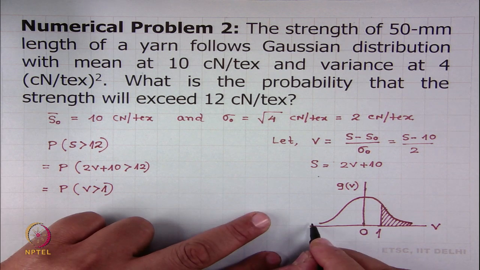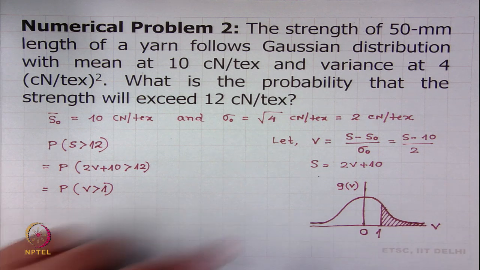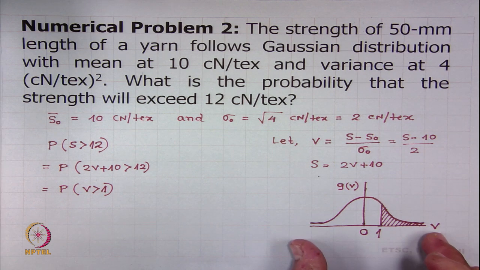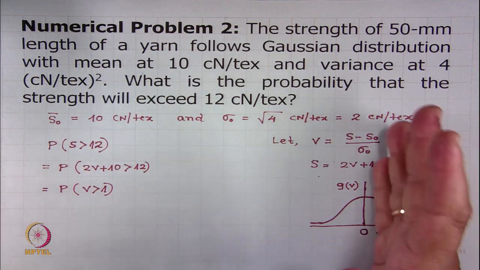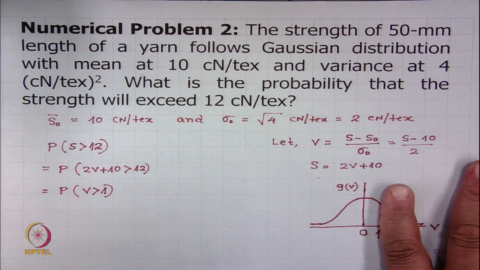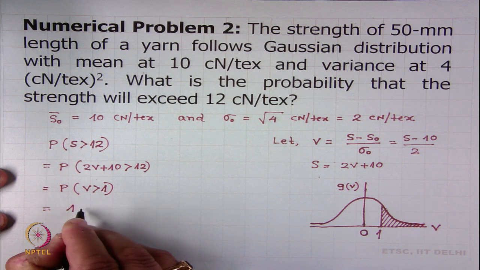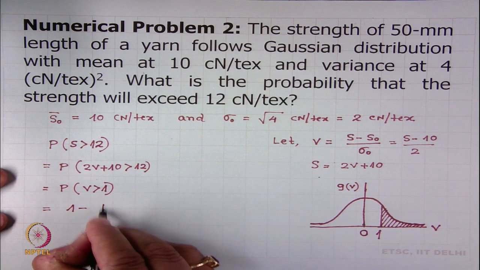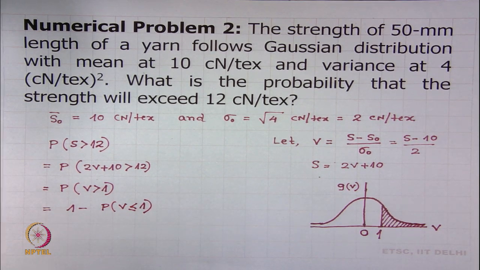How will you find out this probability? The entire probability is 1. So, 1 minus this probability, 1 minus this gives the answer. So, we can write down this as 1 minus probability of V less than equal to 1, right.